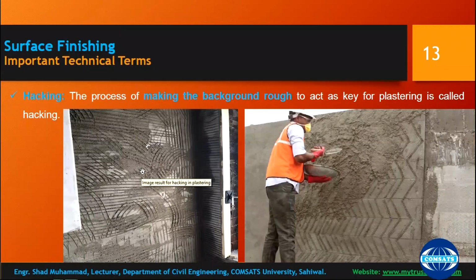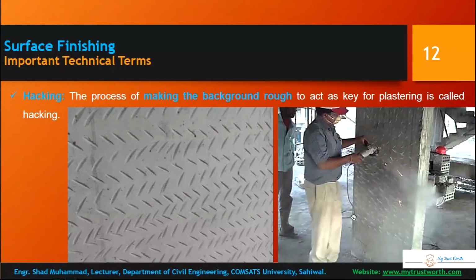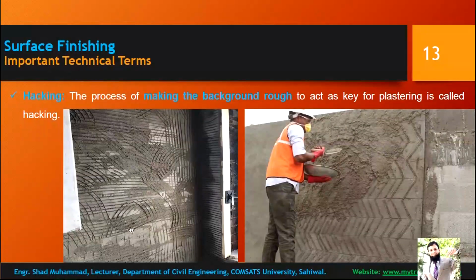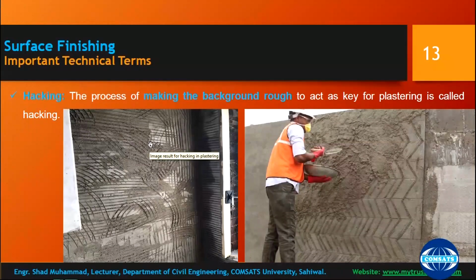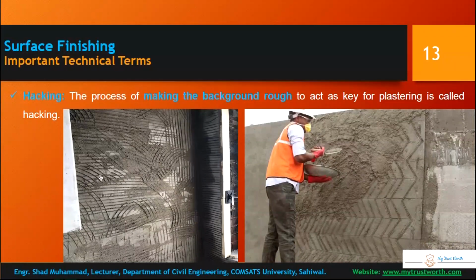Rather than using machinery for creating keys on the surface, while plastering we should have some engravement on the surface of the wall, so that later we can apply surface mortar, or we can also apply different types of tiles on the surface of the wall.